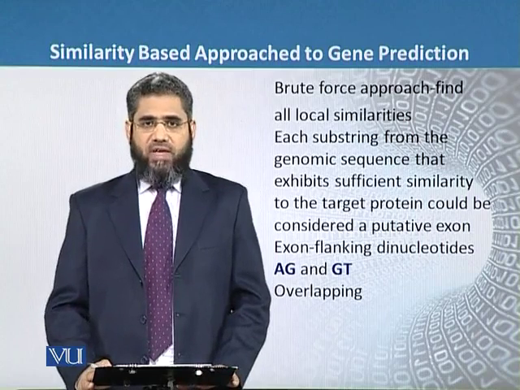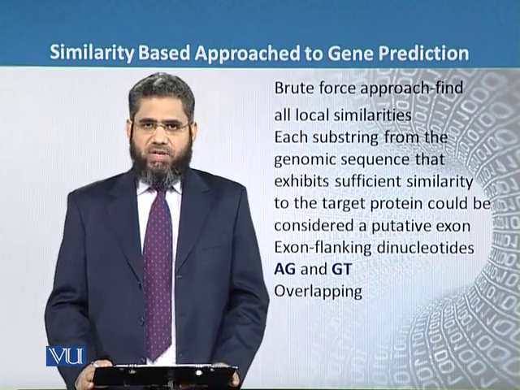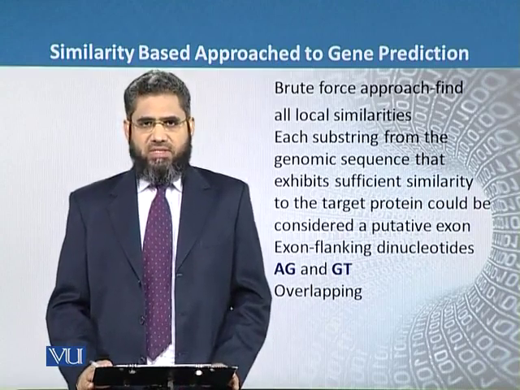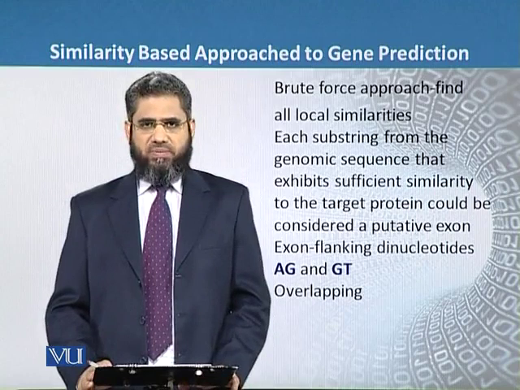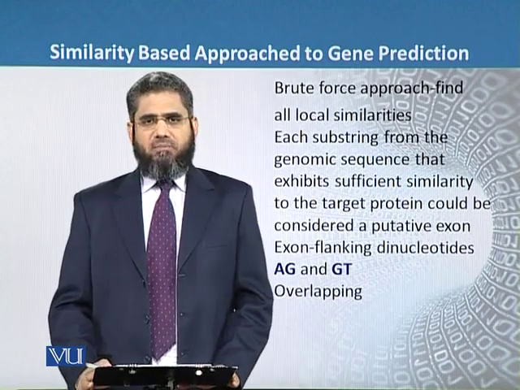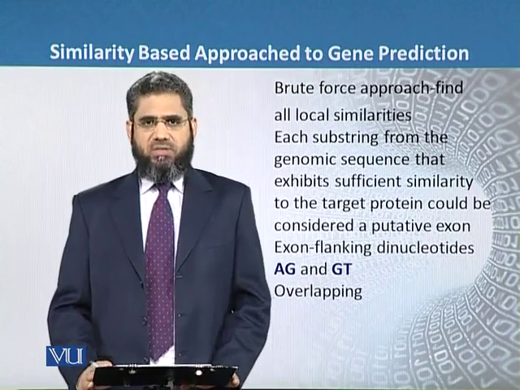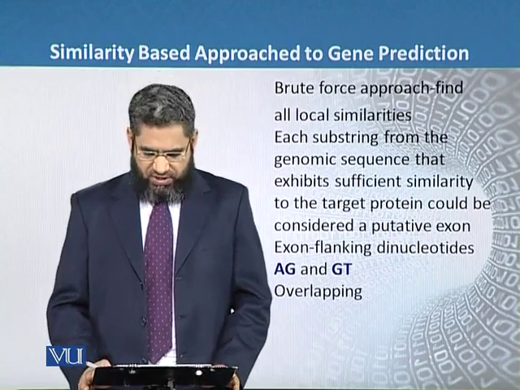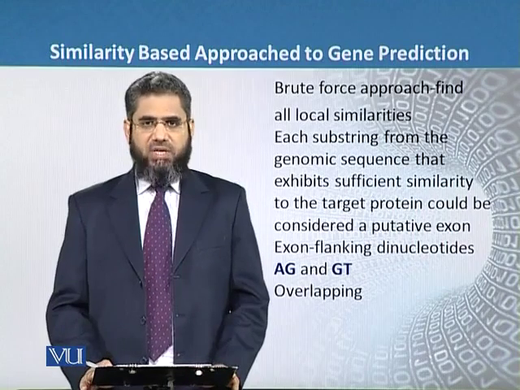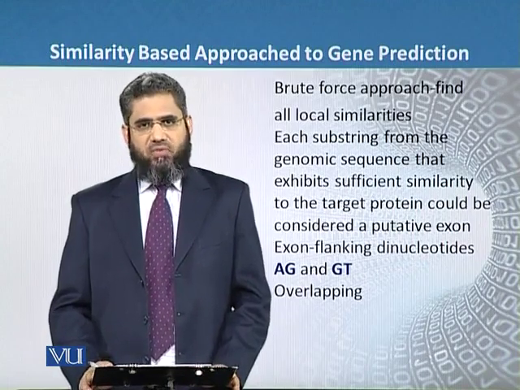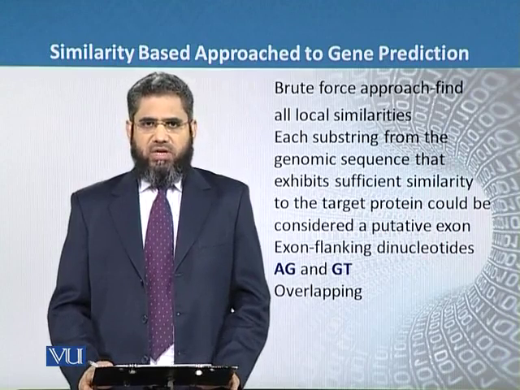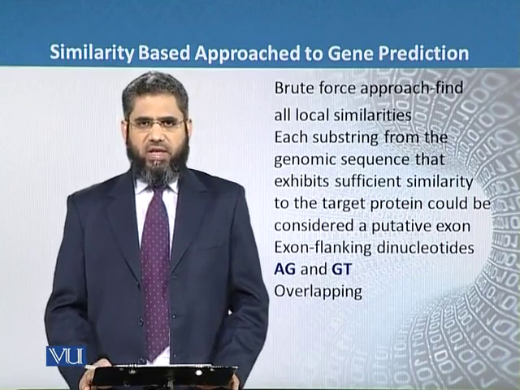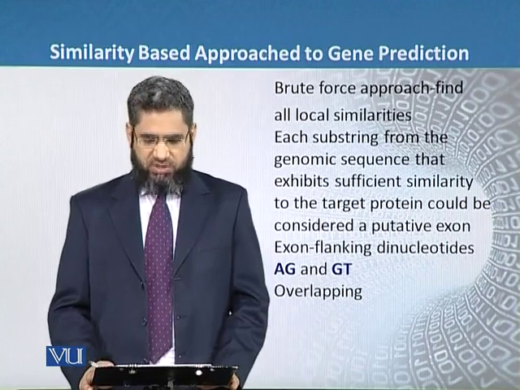And that putative exon, identified by using the brute force technique and by identifying the substrings on the basis of local similarities, might not contain the flanking regions that differentiate between the introns and the exons, and these flanking regions are AG and GT. We can extend or reduce the sequence of the putative exon until we end up with the flanking regions of AG and GT.